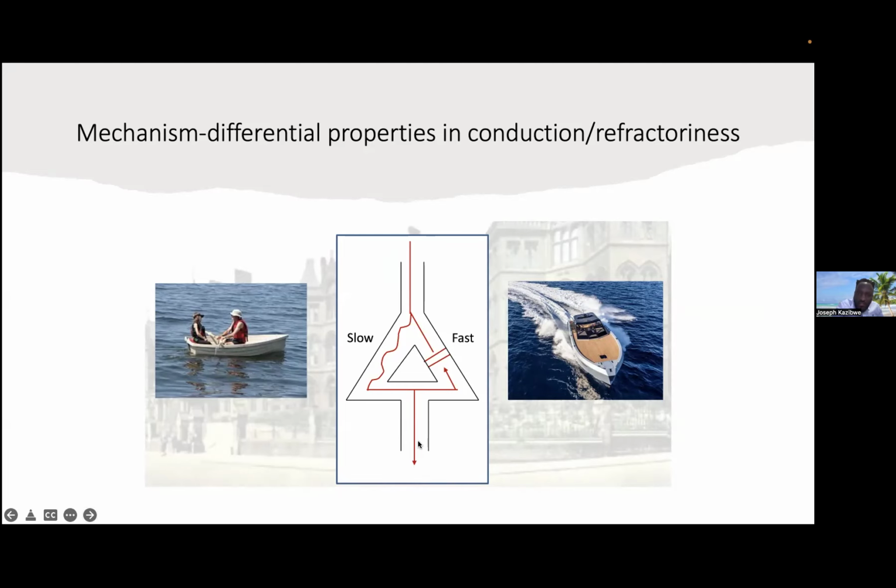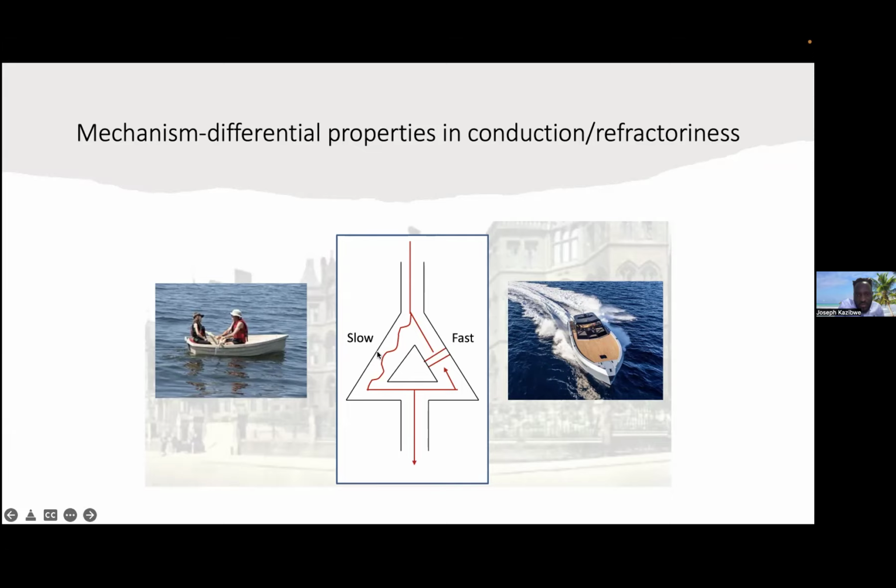So we remember that we have conduction in normal sinus rhythm coming from the sinus node, coming down, slowed a bit in the AV node to allow the ventricles to get enough blood, and then it is released to the ventricles so that they can conduct. Now there are differential properties in the conduction of the slow and the fast pathway.